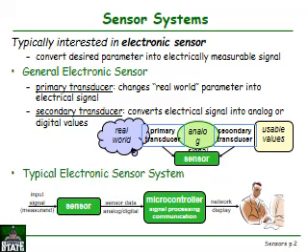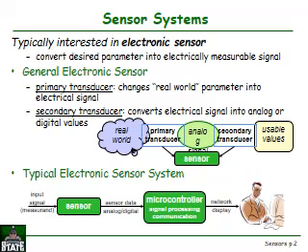Sensor systems convert the desired parameter into an electrically measurable signal. General electronic sensors are primary transducers of real world parameters. Secondary transducers convert the electrical signal into analog or digital values.